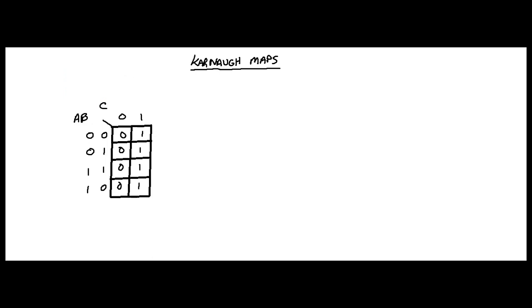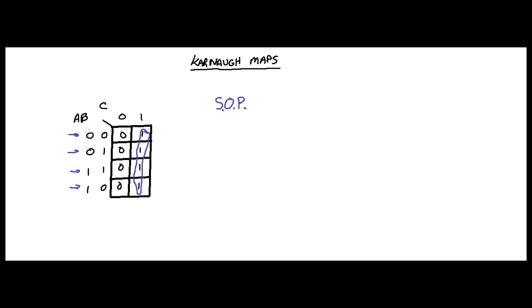So let's try this method. Let's do the SOP right here. I'm going to do that in blue, okay? Now SOP, we group the ones, obviously. So if you look to the left, it encompasses all 4 of these rows, correct?